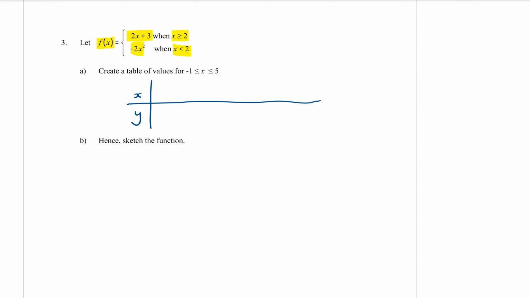So when I draw my table, I'm going to go -1, 0, 1, 2. I'm going to repeat the 2 for when it changes graph. 3, 4, 5. It will all make sense when you see what this graph looks like, okay? All right, at negative 1, we're in the less than 2 category, right?